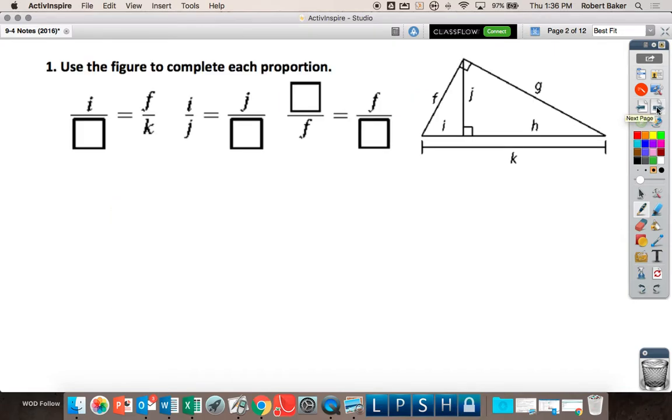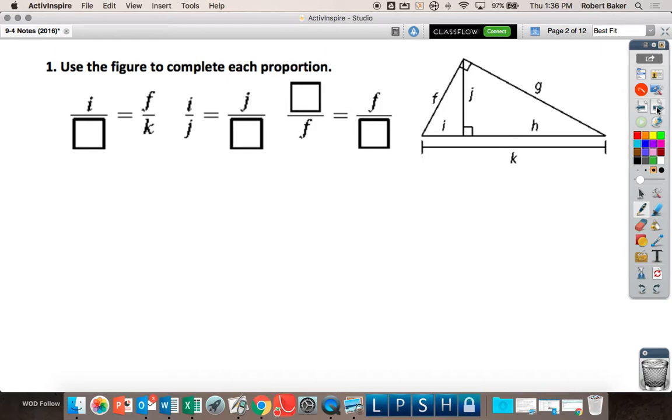So what we're going to do right now is I want you guys to look at that right triangle. You see it? See them? Okay. There is actually 3 right triangles there. What I want us to do is to separate those 3 right triangles and redraw them.